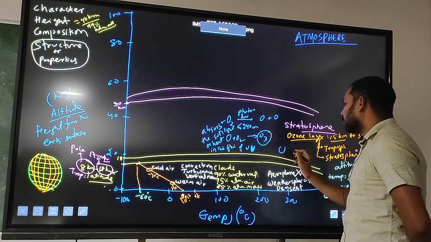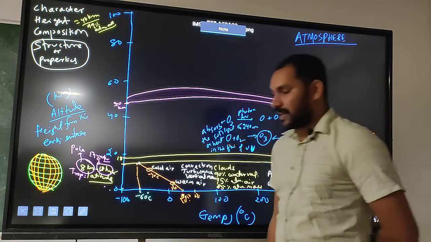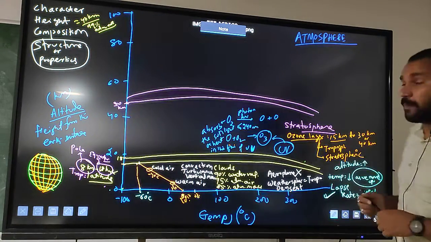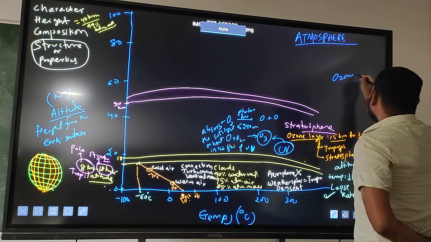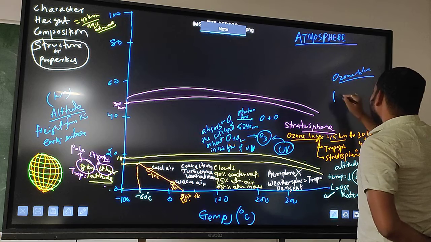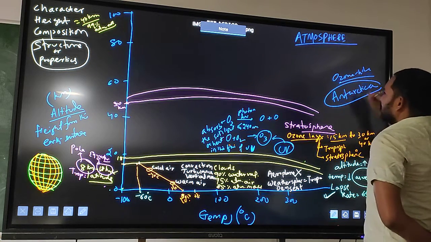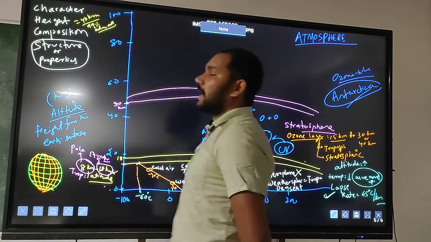And you know the UV light is harmful, which is absorbed by the ozone layer. This is the current topic for which the Montreal Protocol is there. We say ozone hole in the Antarctica region. So the Montreal Protocol is there for climate change.